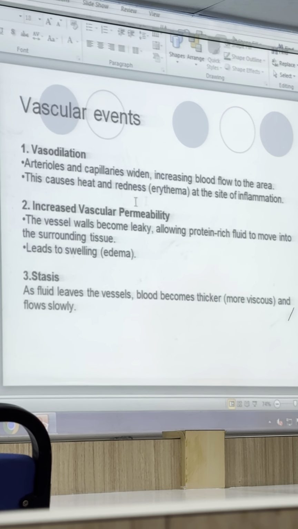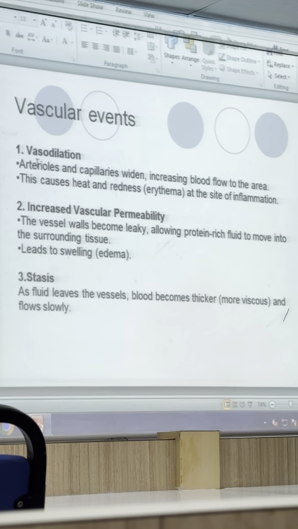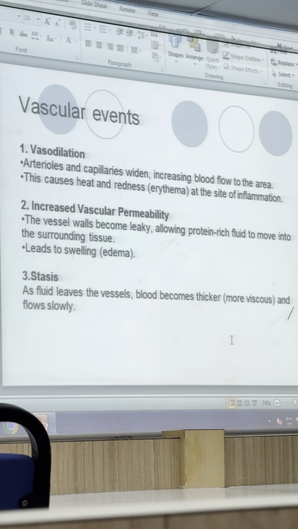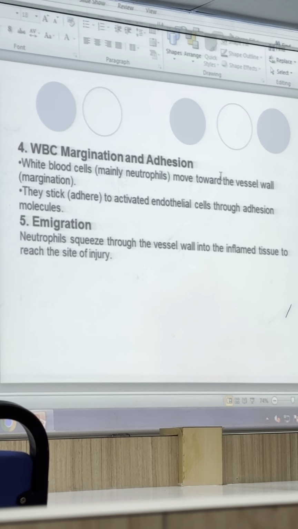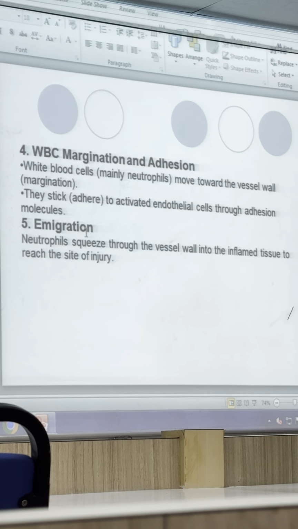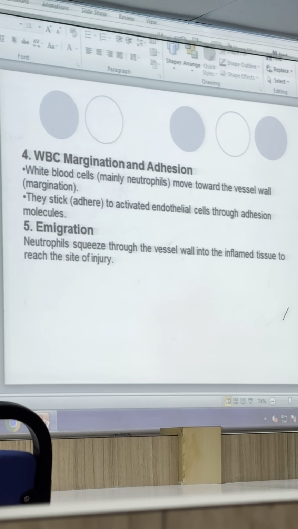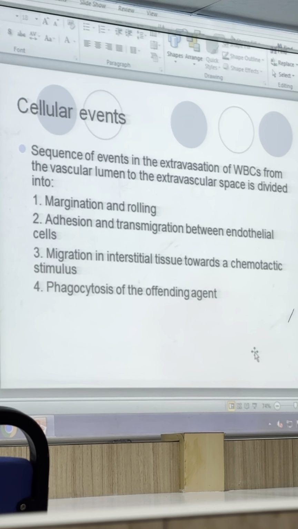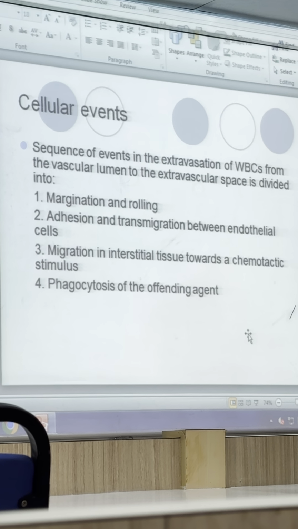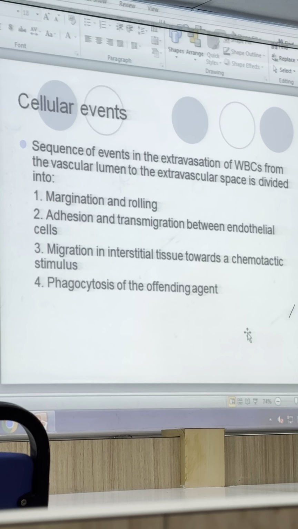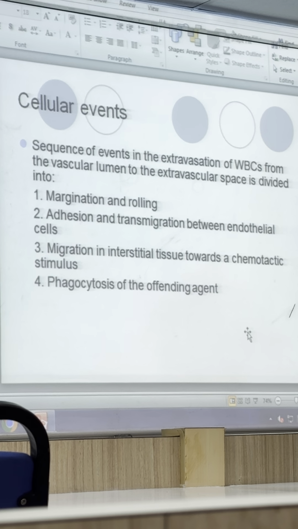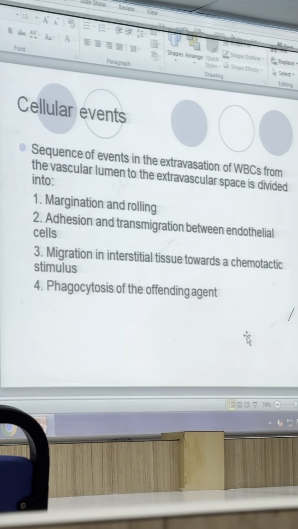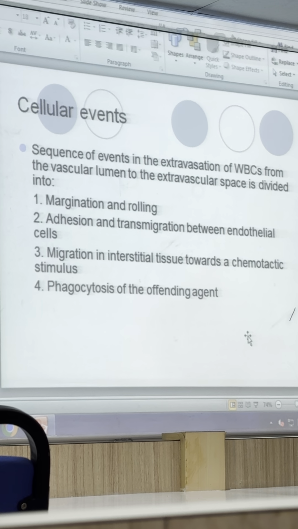So vascular events, what is happening? There will be vasodilation, after that increased vascular permeability, stasis, then WBC migration and PMN migration: 5 steps. The same holds true for the cellular events. How the WBC enters, what it does: it marginates, rolls, then adheres, then chemotaxis and phagocytosis.